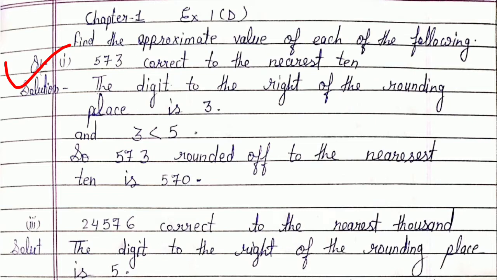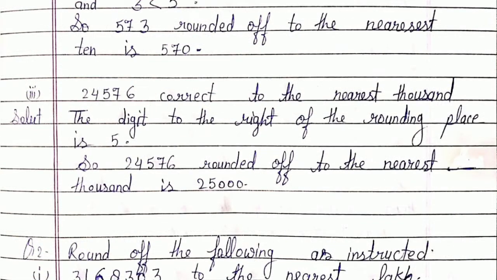Let us see part number 3 of the same question. Here 24,576 is given and we have to correct this to the nearest 1000. So here the digit to the right of the rounding place is 5. So as per the rule, we know that if the digit is 5 or more than 5, we add 1 in the rounding place.